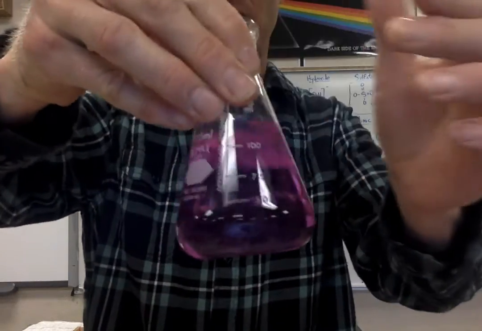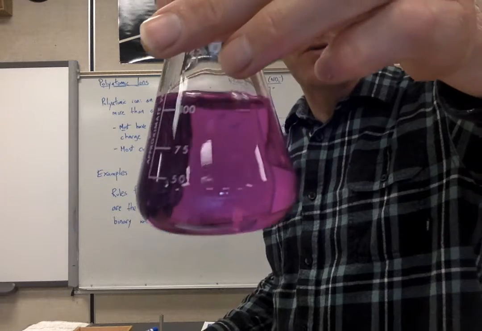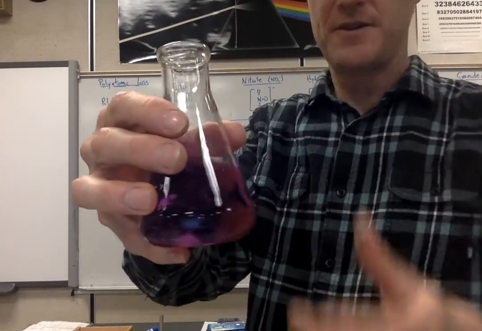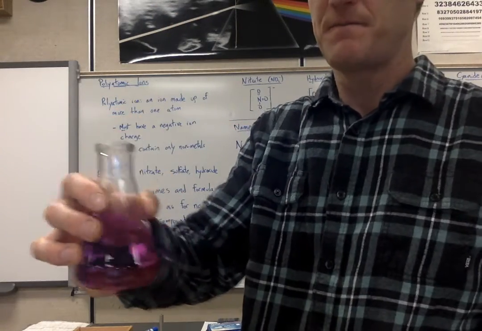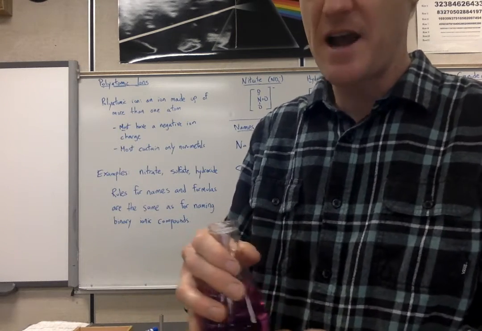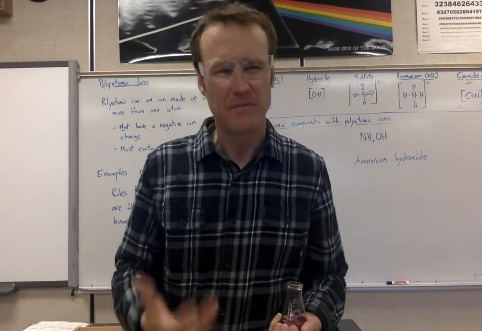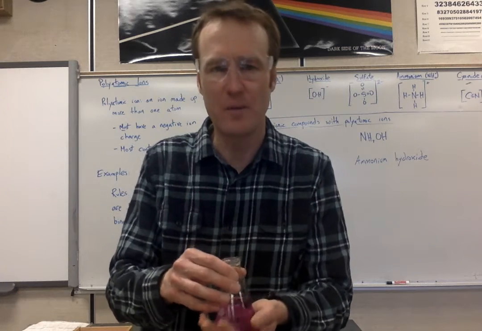But there it is. Beautiful purple color. This is also a very reactive substance, and you can cause it to change its color and turn it to different chemicals when you put it in different kinds of chemical environments. That's more a subject for Chem 12, but I'm going to go through its formula right now.